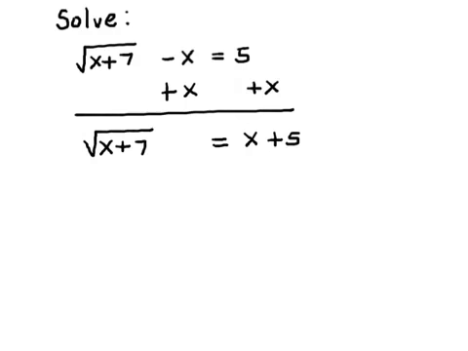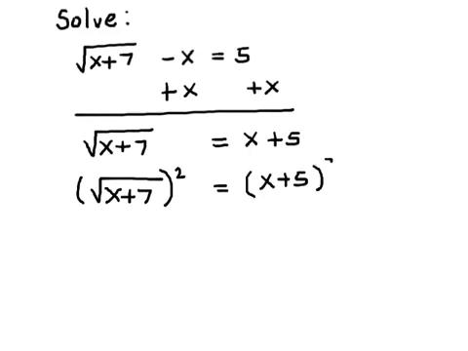So now we have square root of x plus 7, the whole square, is equal to x plus 5, the whole square. So when I say square both sides, please see that I wrap up the left-hand side and square it.